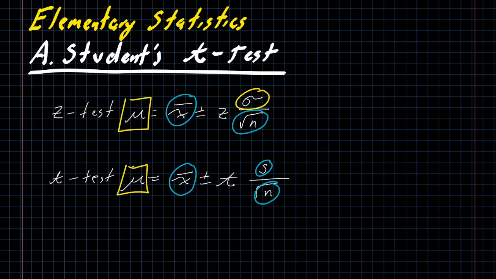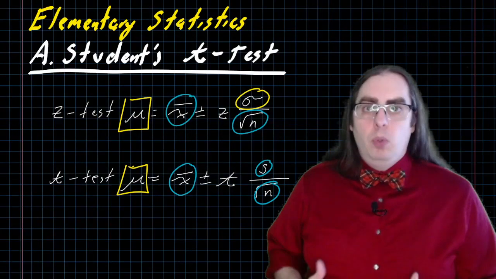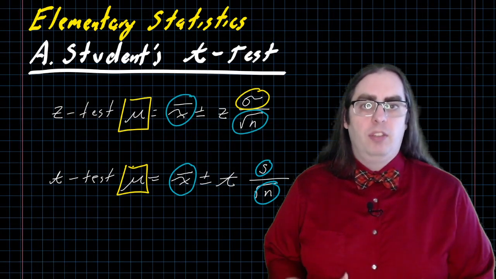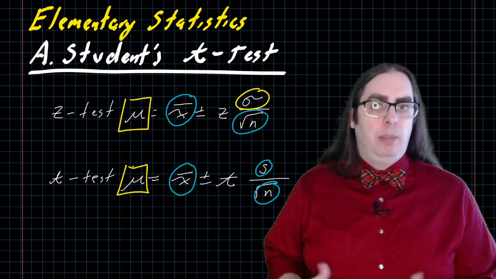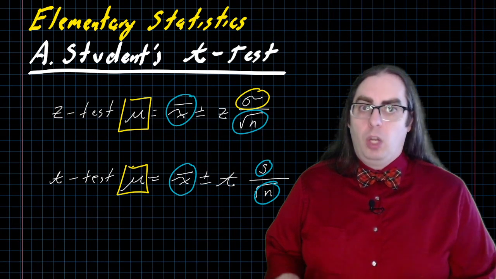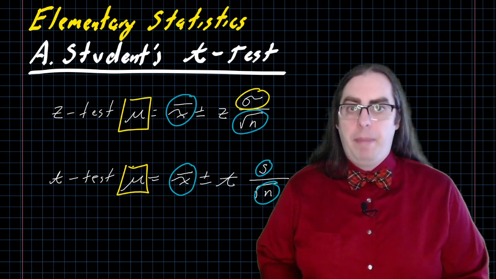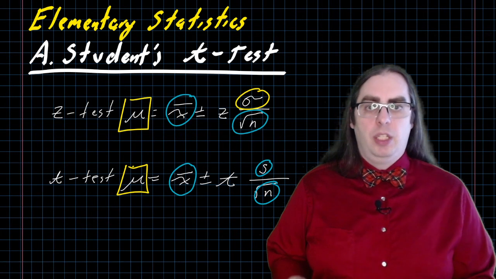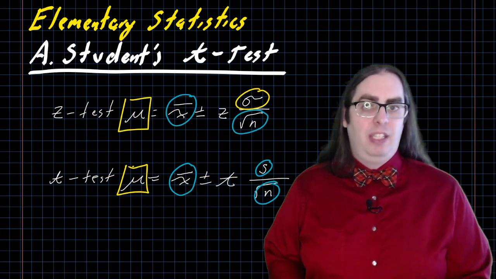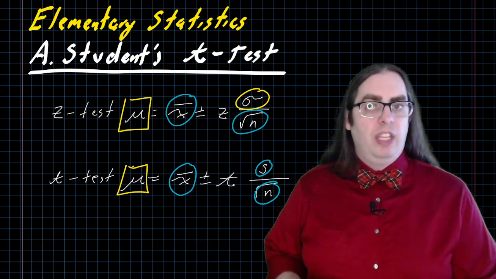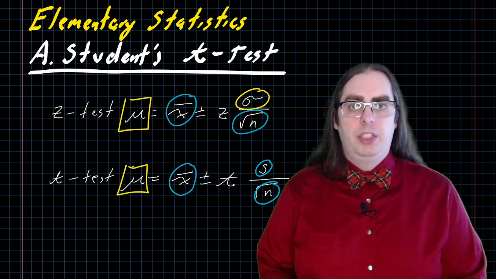When it comes to the t-test, even more than with the z-test, sample size is important. The larger the sample size, the better the approximation that the t-test gives us to the standard deviation of the population.